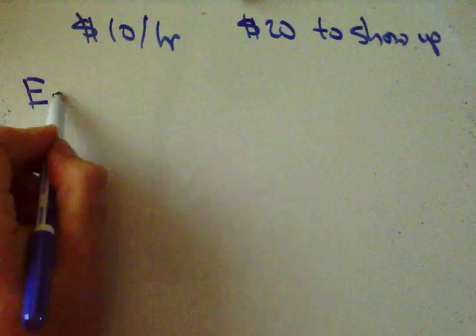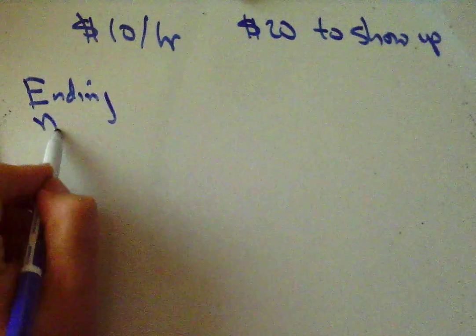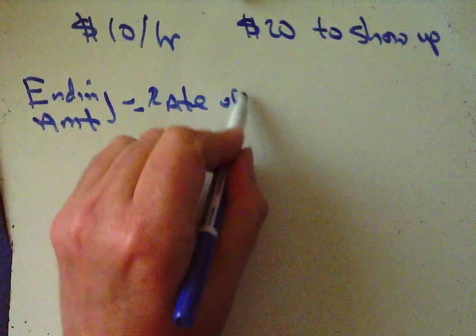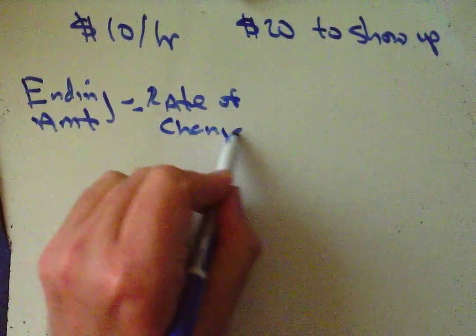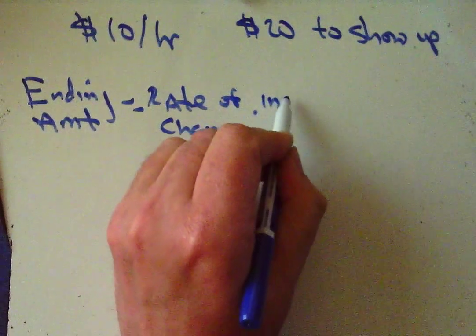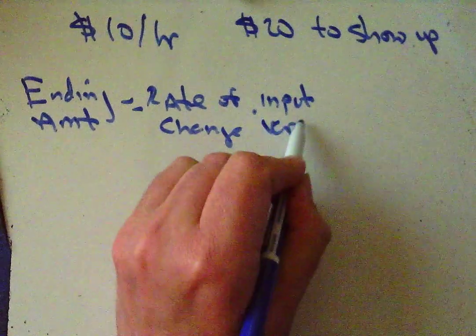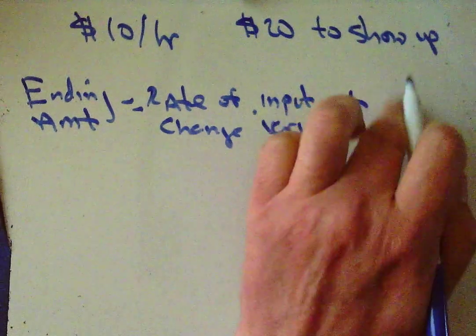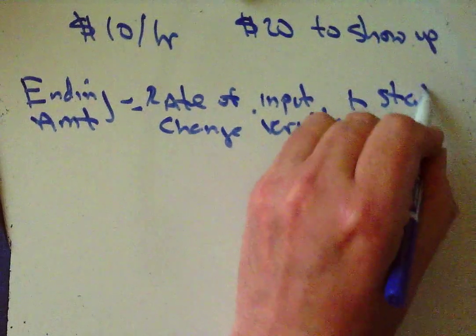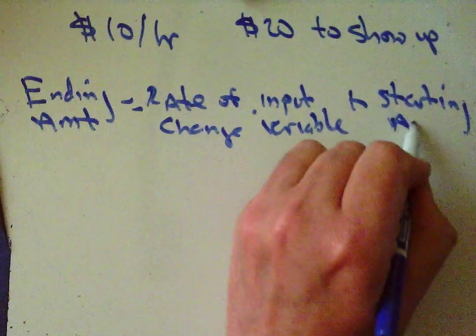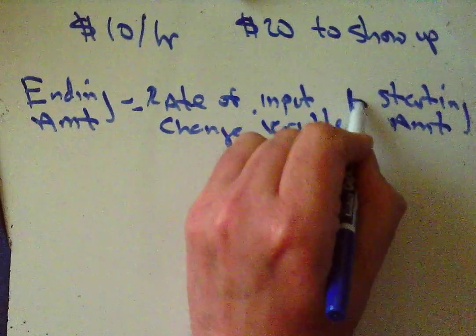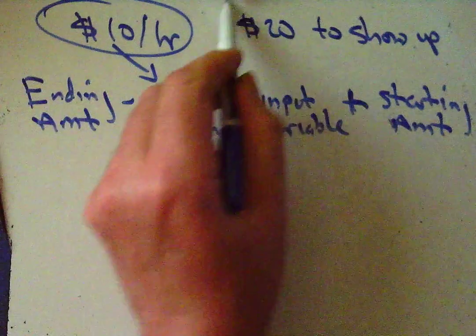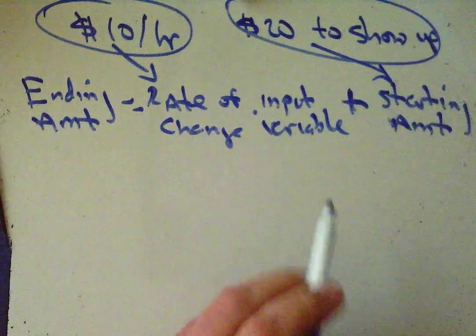Remember, our ending amount equals the rate of change times the input variable plus the original or starting amount. Well, here I see the rate of change, and here that's my starting amount.